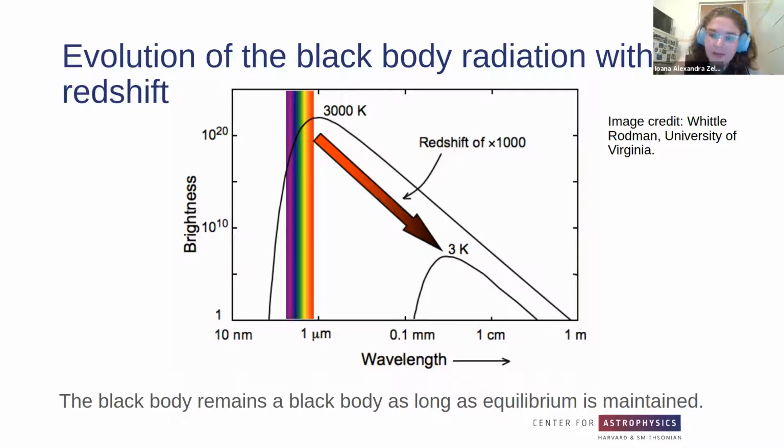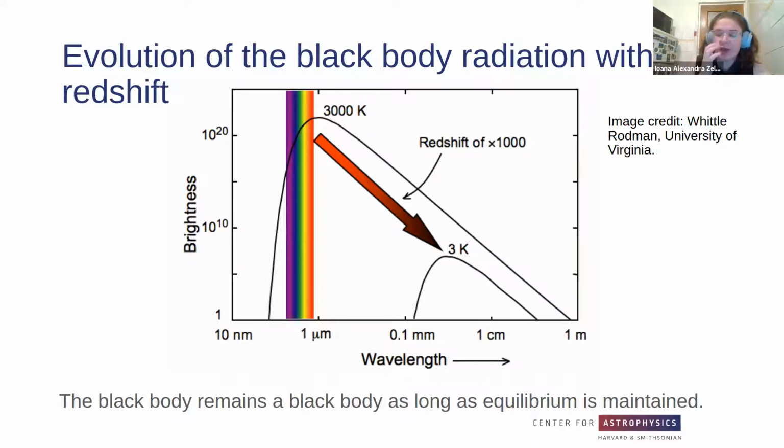As it turns out, a black body radiation distribution remains a black body radiation as long as equilibrium is maintained. So just by the expansion of the universe, the cosmic microwave background would not change its black body radiation from when it was emitted until it reaches us. But what will happen to it?